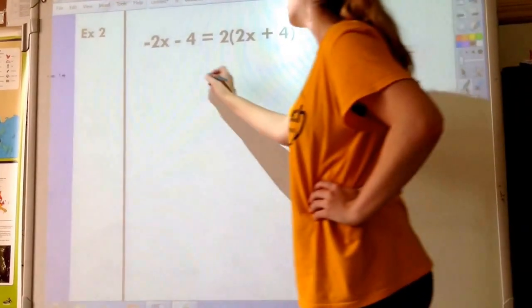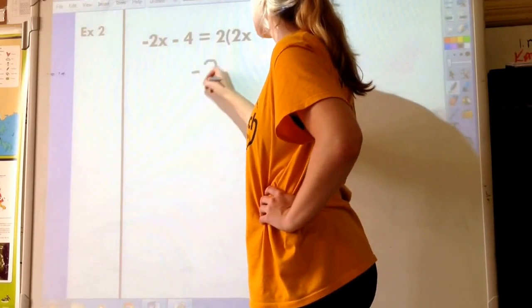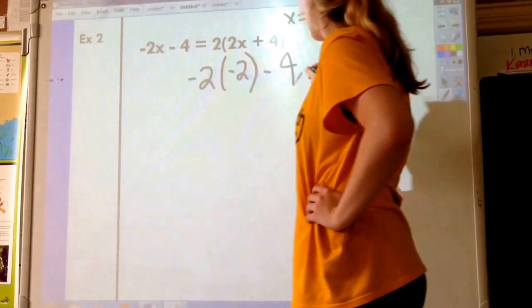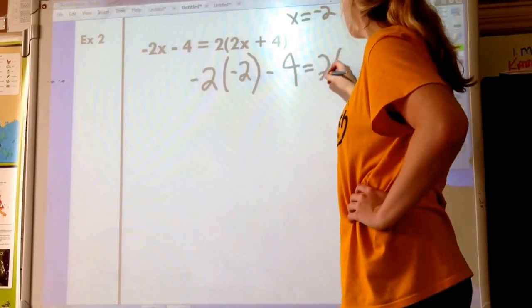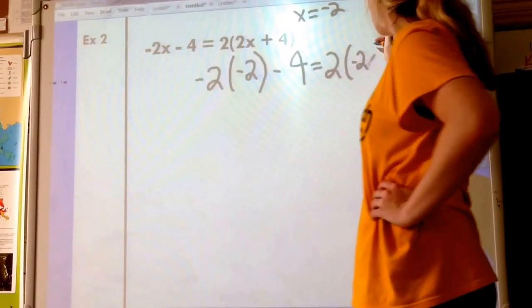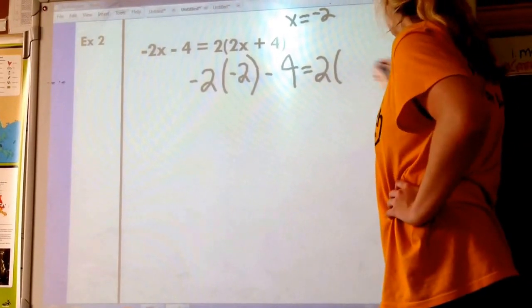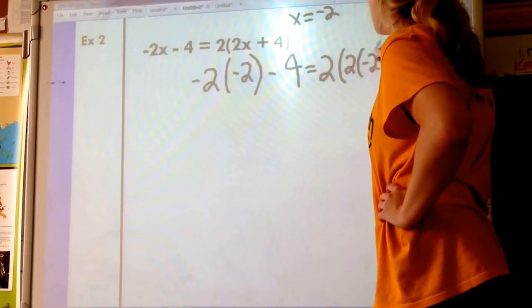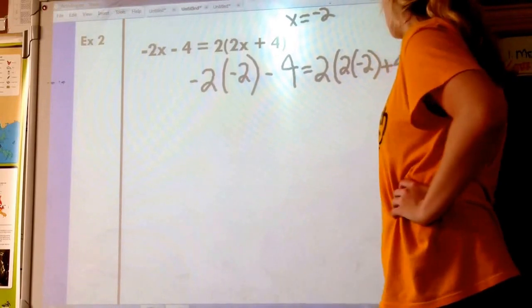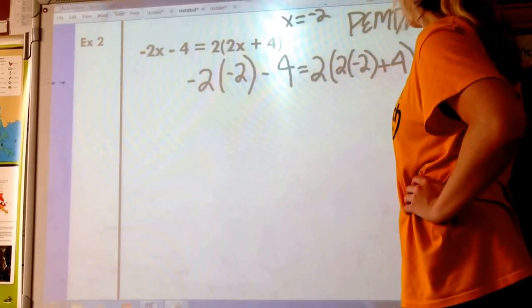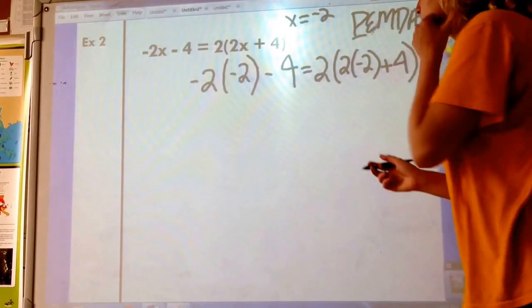All right, so I'm just plugging negative 2 back in for x. So negative 2 equals 2 times negative 2, oh, that's a positive 2, negative 2 plus 4. Again, I need to remember my order of operations. So I'm dealing with my parentheses first.